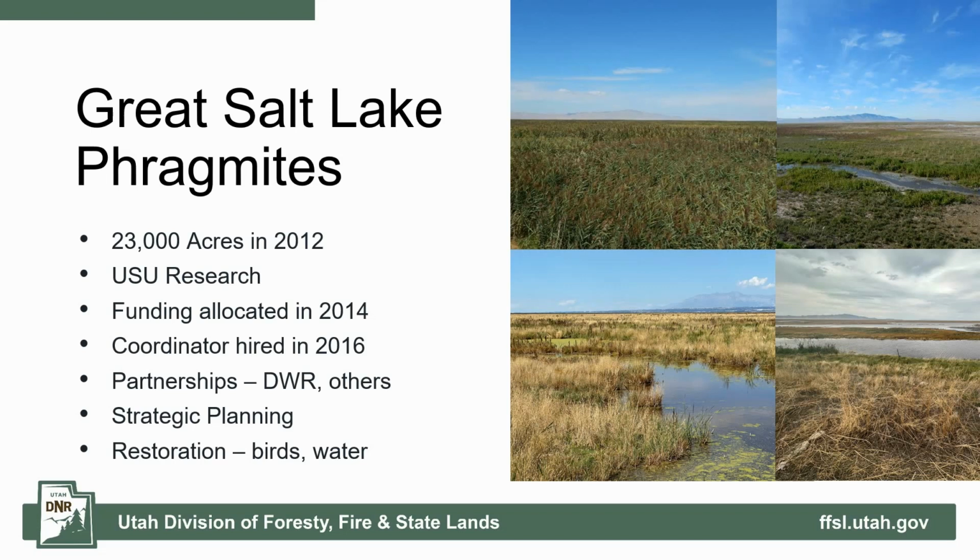So we're really thankful for all that work out of the USU Wetland Ecology and Research Lab. It really laid the foundation for our best practices. And there was also increased public awareness around the negative impacts of Phragmites, and then awareness of just how much there is in Great Salt Lake wetlands.